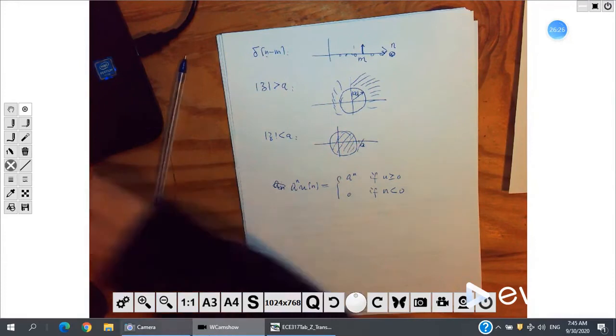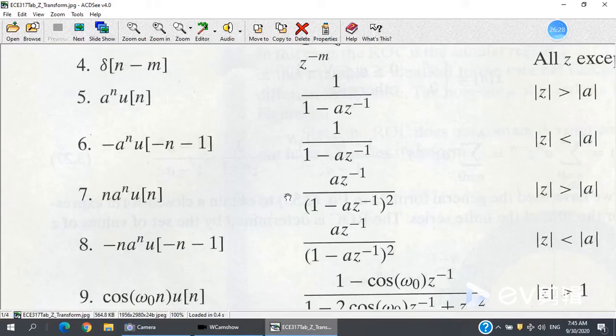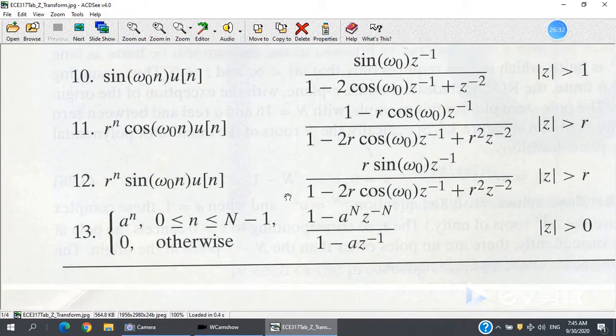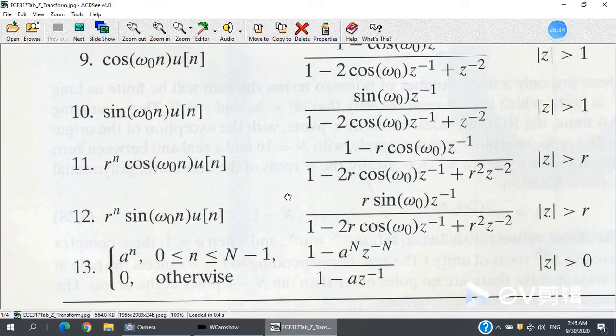And now you compare the table. Here we have this one. Here we have a to the n, right? This a to the n. I give a name for it. Let me copy it. I copy these in my paper.